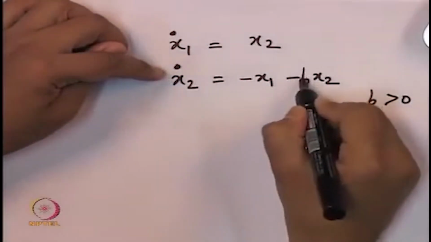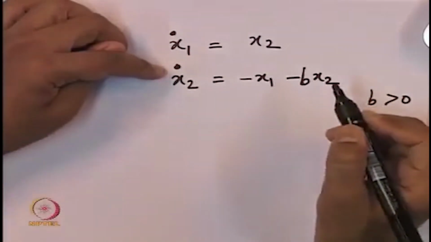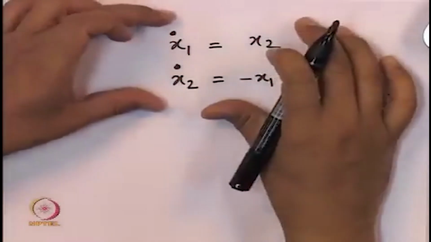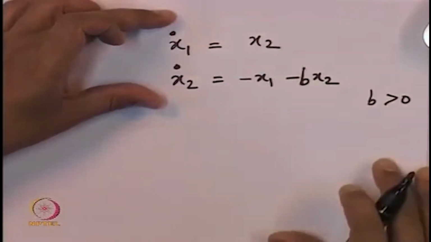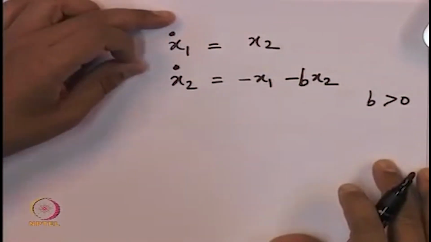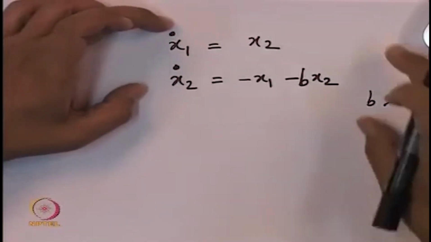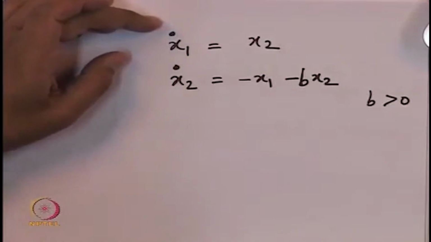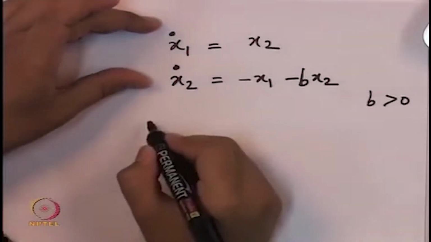So this is an example of a pendulum with friction. We will see this example in more detail when we consider relaxing the conditions in the Lyapunov theorem, but at least this particular example we will use and check whether the equilibrium point is stable and asymptotically stable.